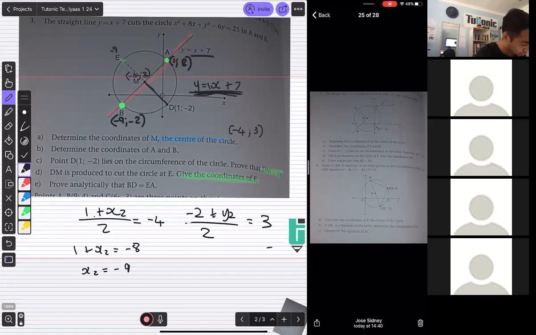And -2 plus y2 equals 6, therefore y2 equals 8.